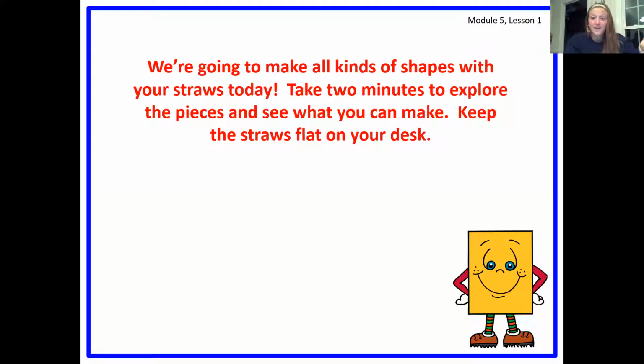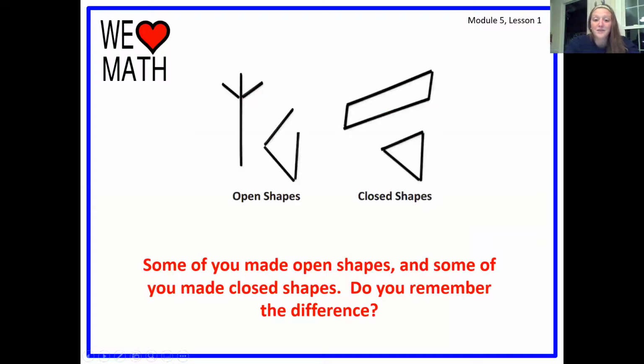So what I want to see here now, let's look at some of the things. Some of the things you could have made were these, what we call an open shape. And these are what we call closed shape. I want you to take a look at them and see if you can figure out why we call them open versus closed. So you can see right here, these ones, all the edges are touching, right?